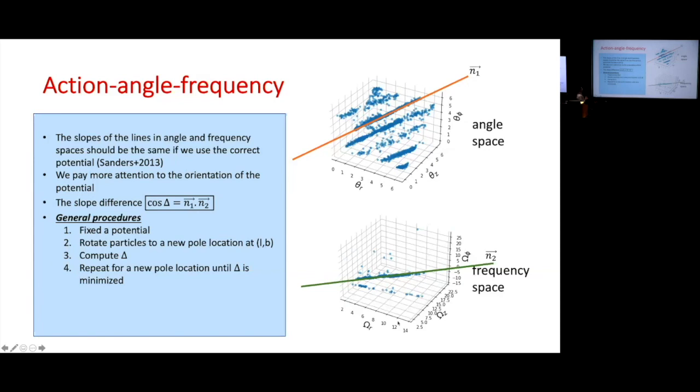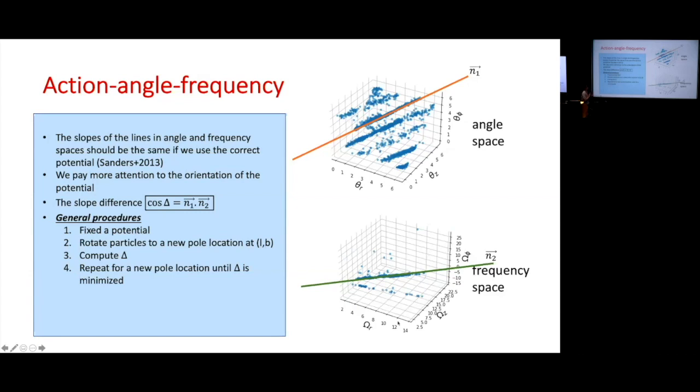I will define the slope difference as the parameter capital delta, which is the dot product n1 dot n2, where n1 is the unit vector pointing along the line in angle space, and n2 is the unit vector pointing along the line in frequency space. So the general procedure is: first, we pick one fixed potential.